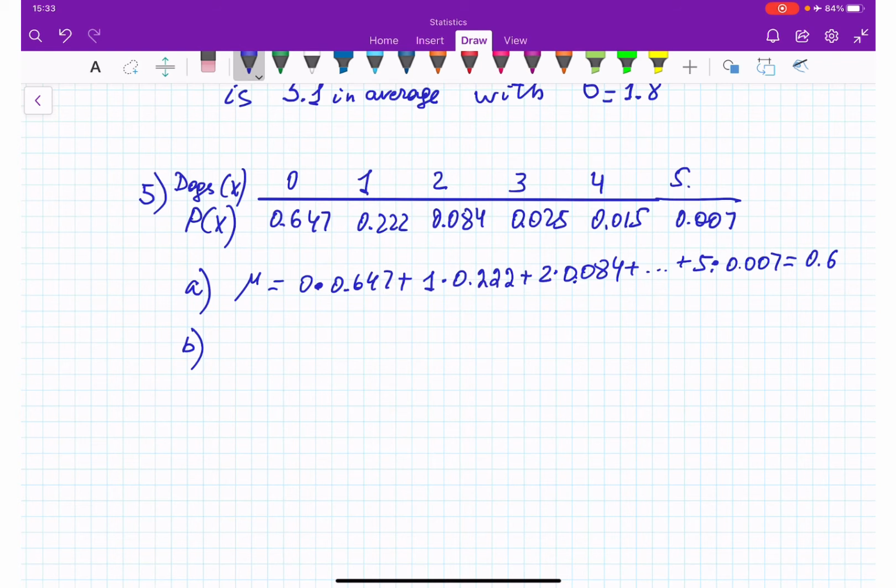So next we need to find the variance, sigma squared, which formula we know, right? Sigma of x minus mu squared times probability of x.